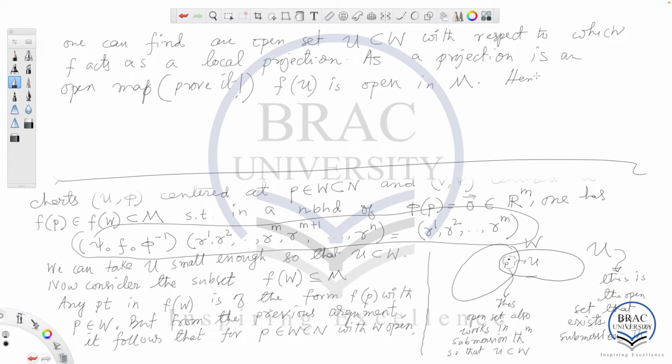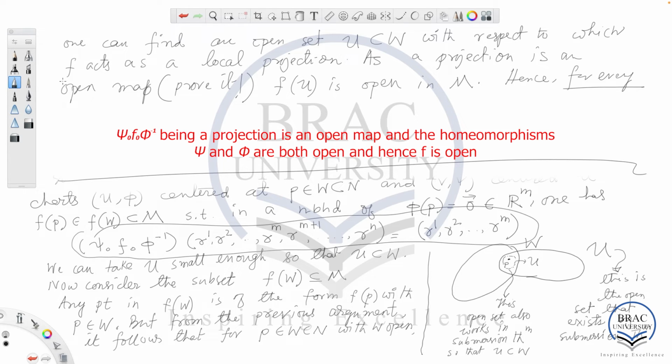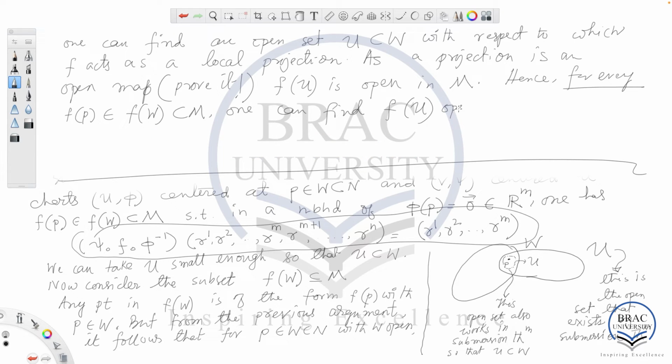Hence, for every f of p in f of W, one can find f of U open in M such that f of p is in f of U contained in f of W, right?